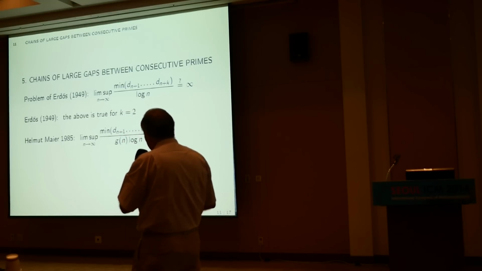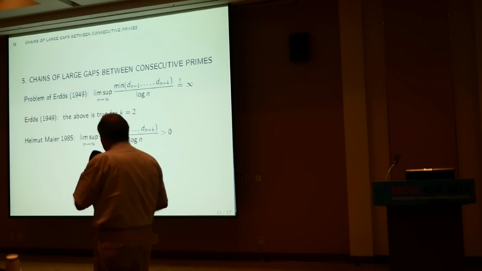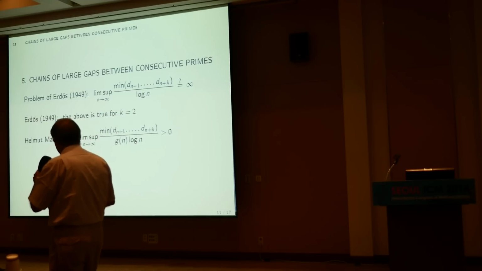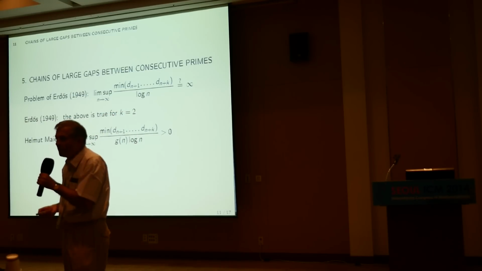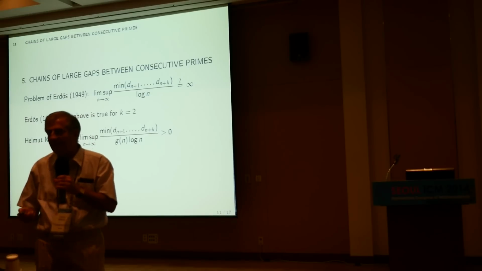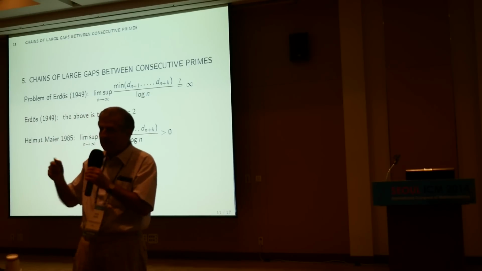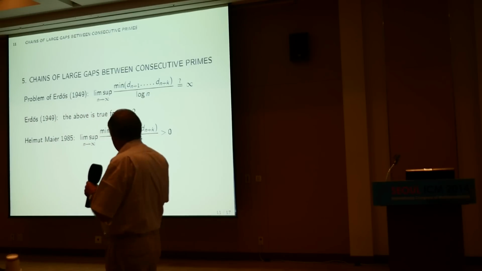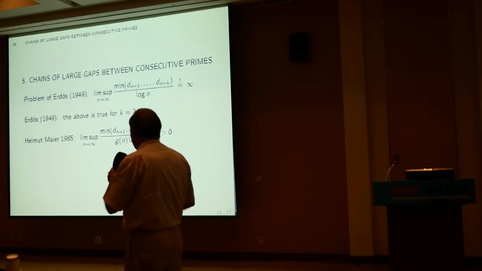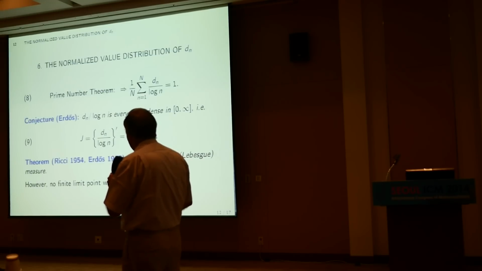Erdős proved it for k equal 2, and then Helmut Maier, using his famous matrix method, proved it for an arbitrary value of k, plus the size of the gap was exactly the Erdős-Rankin result.